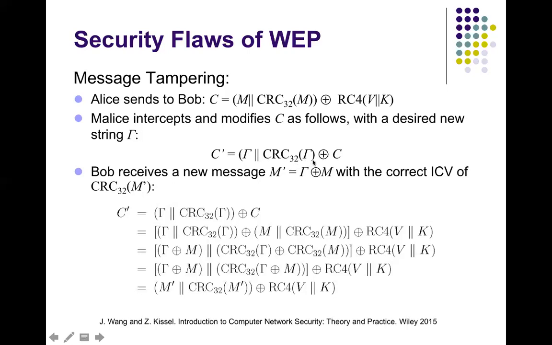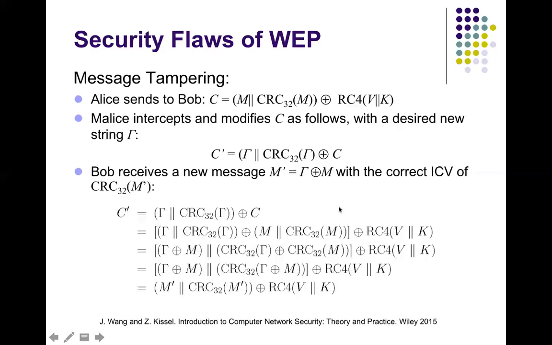So this is easy to compute. And then whatever she intercepts, that's C, she does exclusive OR with C. So then Bob receives a new message, M prime, which is gamma exclusive OR M, with the correct ICV of CRC32 of M prime.